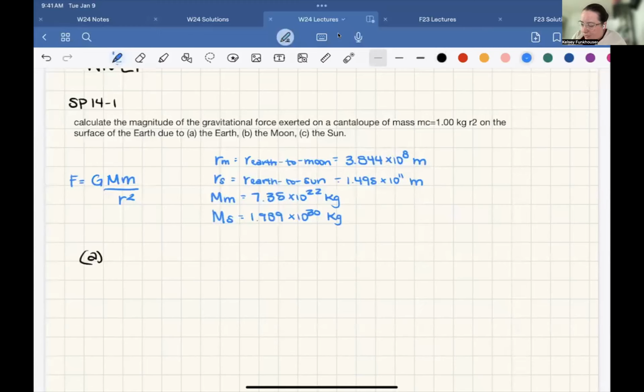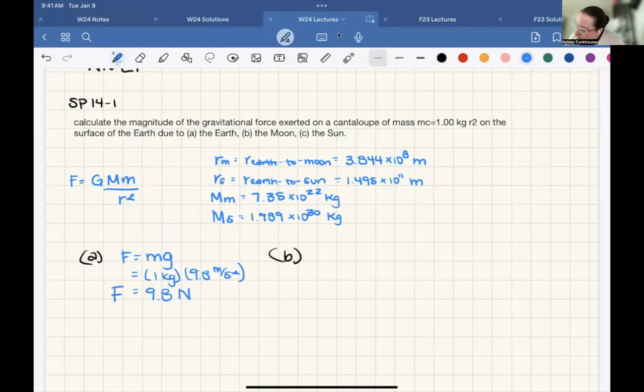And for that, I'm just going to use the weight force because it saves us some time, because we already know what that part is. It's little g, and then the mass is there. So we don't have to reinvent the wheel every time. So just 1 kilogram times 9.8 meters per second squared gives us 9.8 newtons for the force on the surface of the Earth.